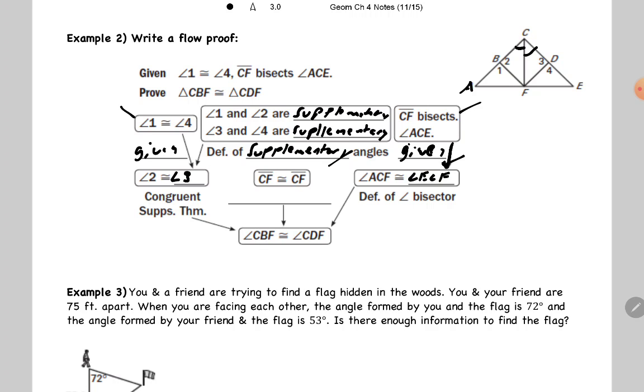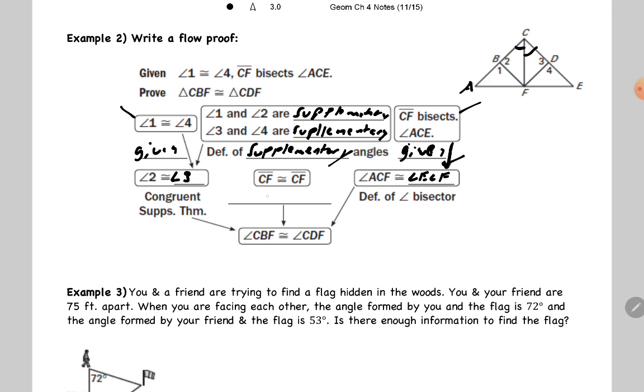If you don't remember what that is, the congruent supplement theorem says if two angles are supplementary to the same angle, and since angle 1 and angle 4 are the same, then those two angles are also the same, angles 2 and 3. Angles 2 and 3 are both supplementary to 1 or 4. Since 1 and 4 are the same, 2 and 3 have to be the same.